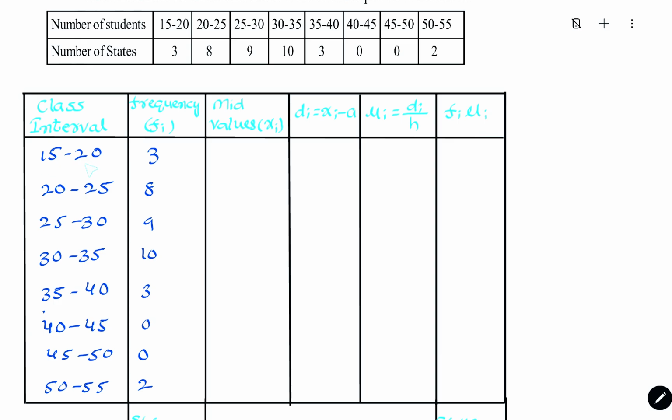15 plus 20 by 2, 35 by 2, 17.5. 20 plus 25, 45 by 2 is 22.5. Here 25 plus 30, 55 by 2, 27.5. Here 30 plus 35, 65 by 2, 32.5.